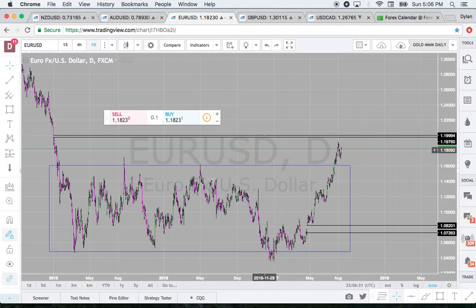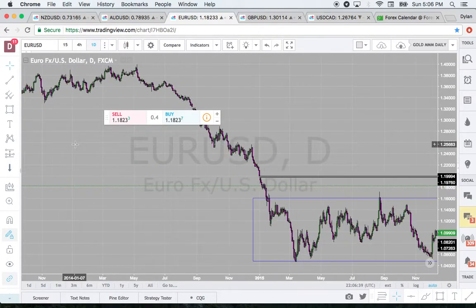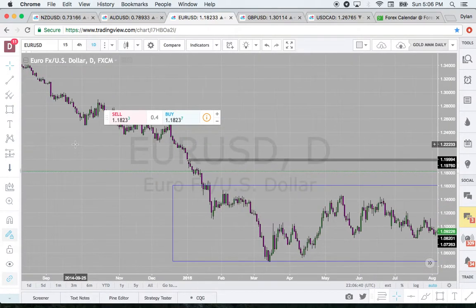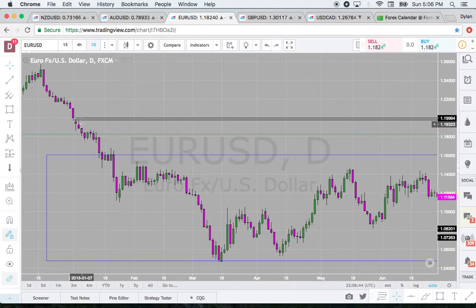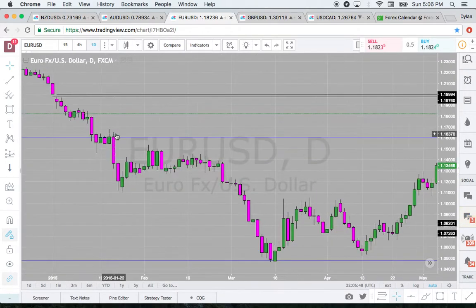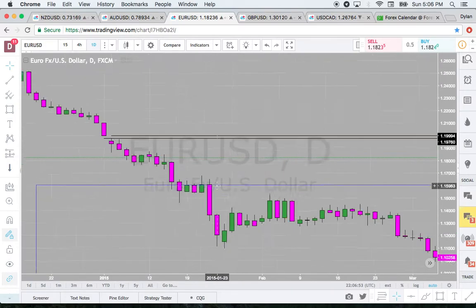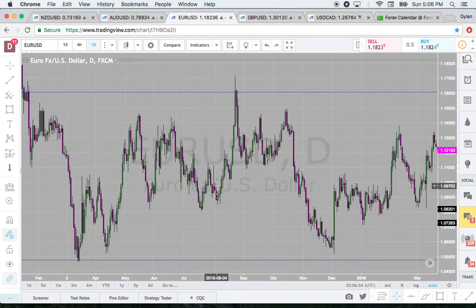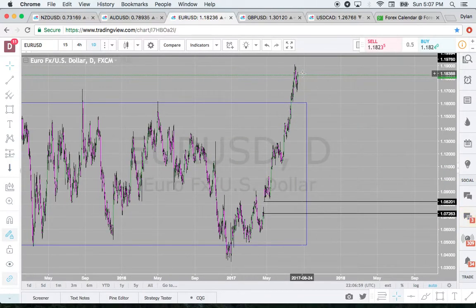Now the dollar is getting weaker and weaker, so obviously we can expect the euro to get stronger. You can see on my chart, right here, there's a small gap, and it looks like the euro is making its way towards that gap.